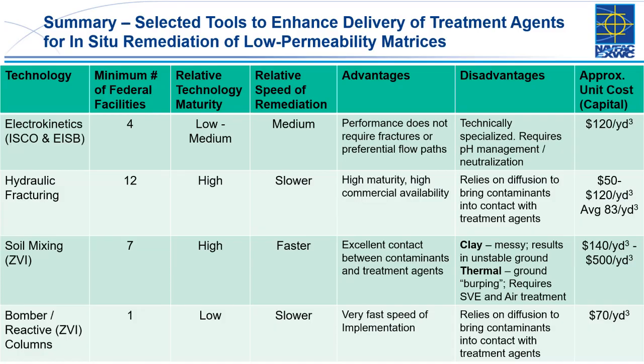The disadvantage is that it relies on diffusion to bring contaminants into contact with treatment agents. Soil mixing has a high technology maturity. Of these options, it is the fastest acting, and it achieves excellent contact between contaminants and treatment agents. The disadvantage is that it can be messy and can leave unstable ground afterwards.